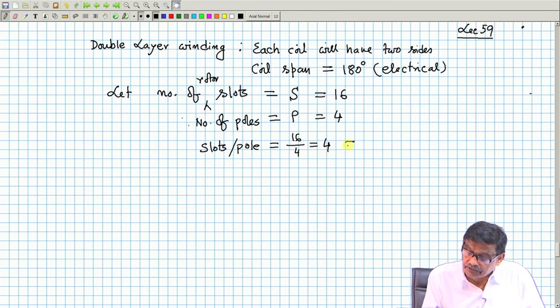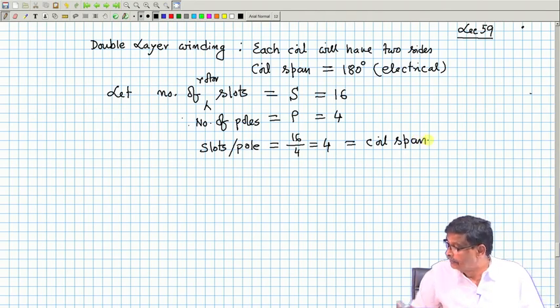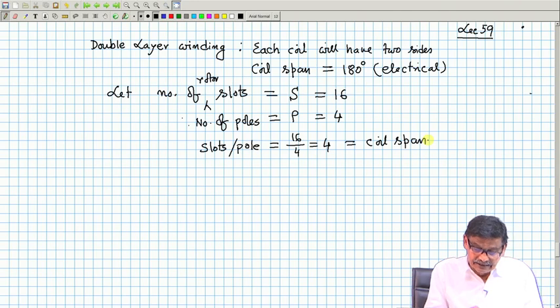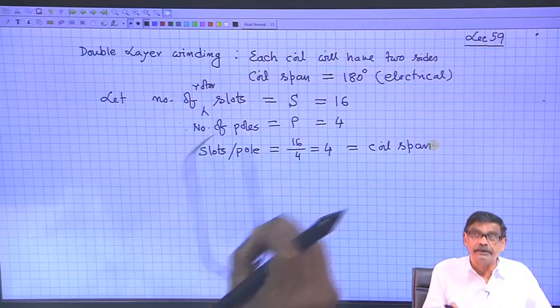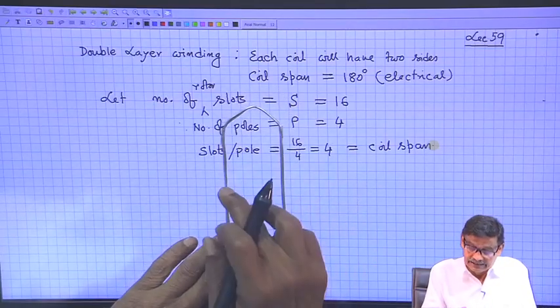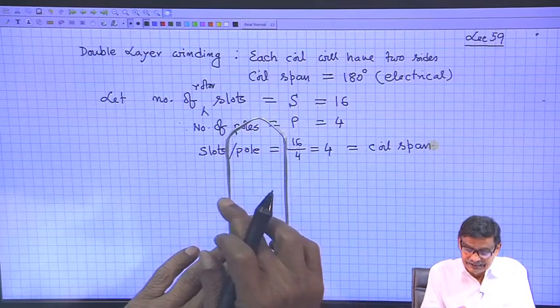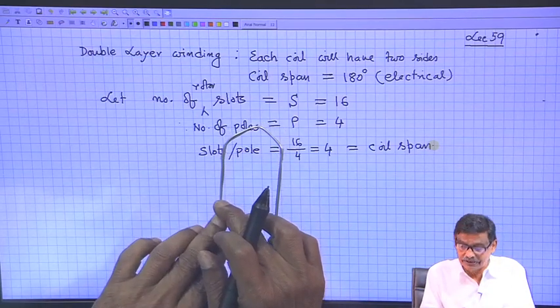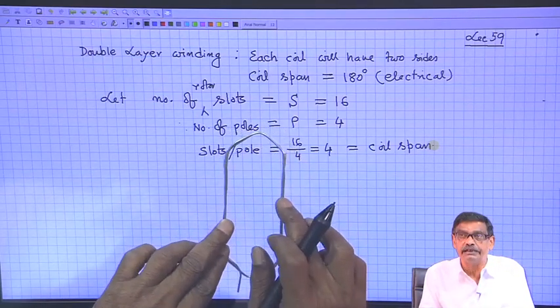And that will be equal to coil span. What does that mean? Coil span is the difference between the two coil sides of a coil in terms of slot number. Two coil sides, this will be placed in one slot and this will be placed in another slot.